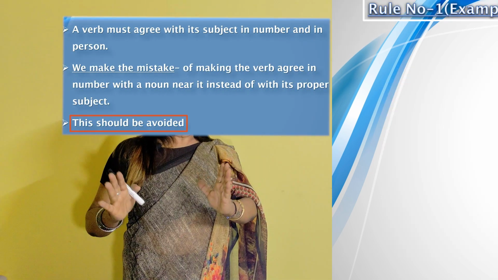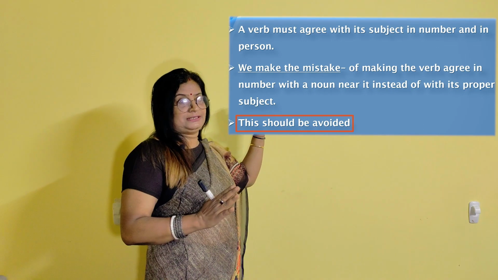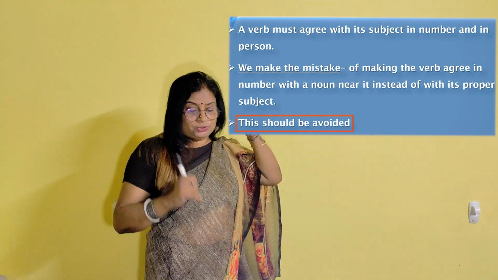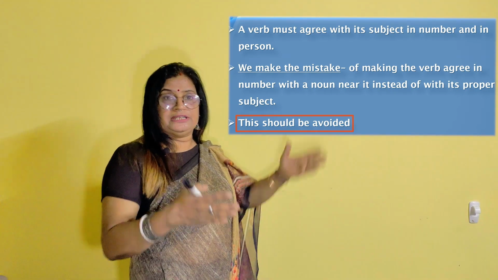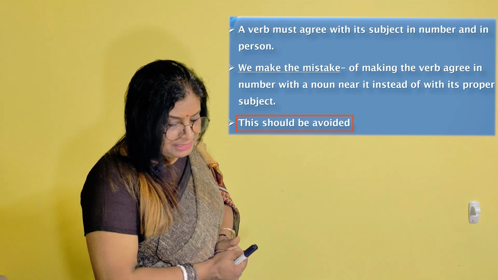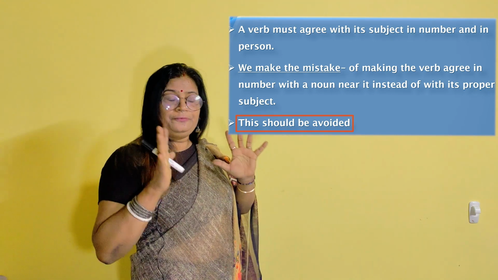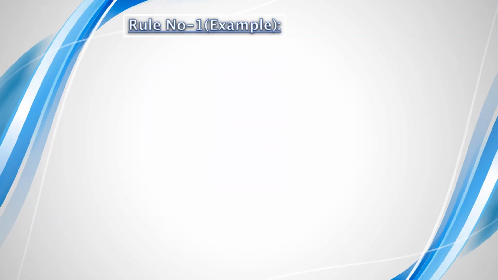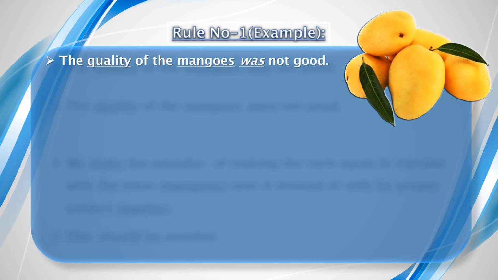Actually the verb should agree with the subject. You can see it in these sentences. Suppose I write, for example, the quality of the mangoes was not good.